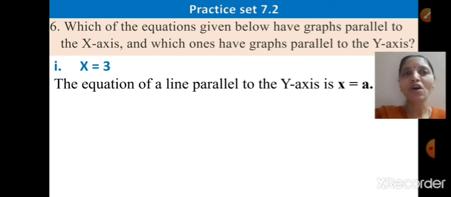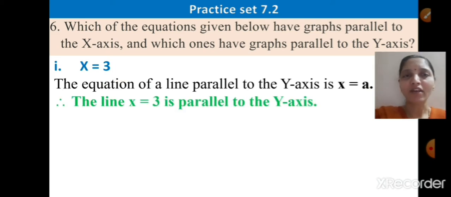The equation of a line parallel to the y-axis is x is equal to a. Now this a can be lesser than 0 or greater than 0. So here we have x is equal to 3. So we can write here, therefore the line x is equal to 3 is parallel to the y-axis.